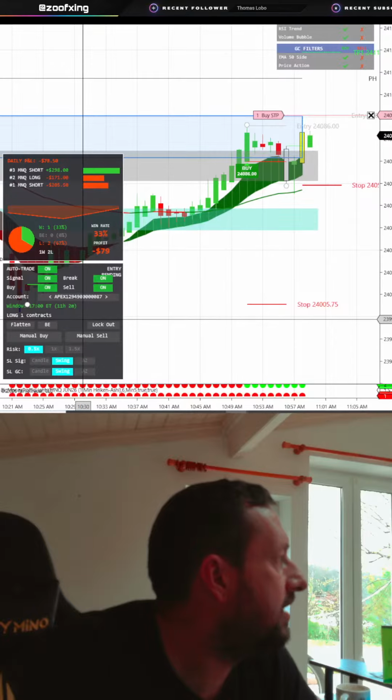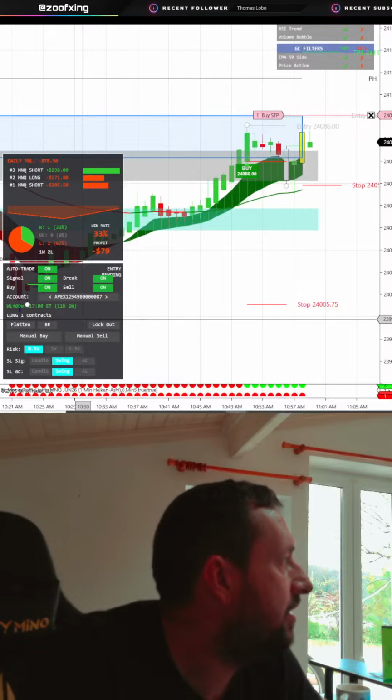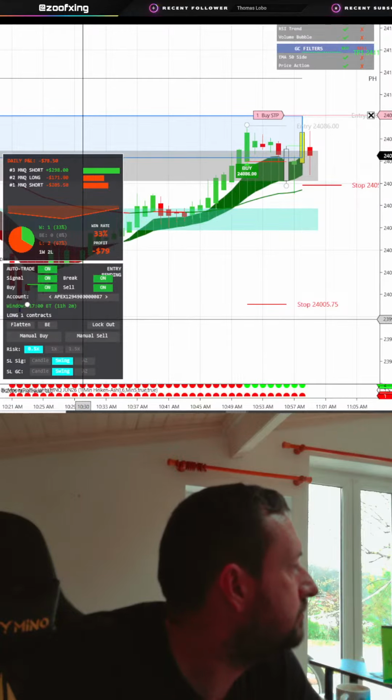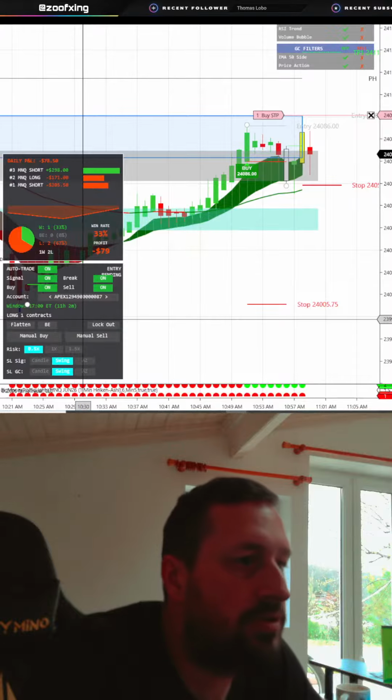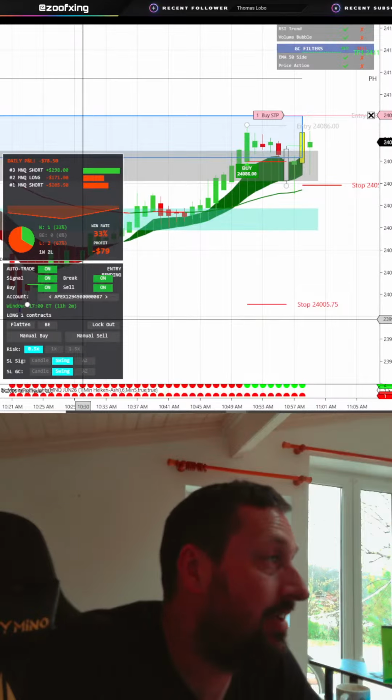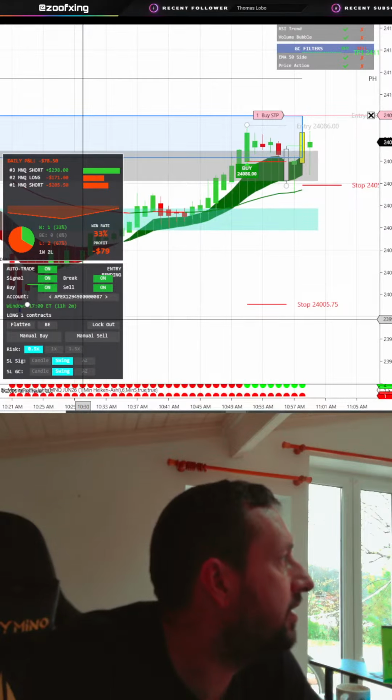So we got a golden candle because we were above the hour. Everything aligned. Stop loss is behind the swing. If it goes through that, it'll invalidate the trade, and yeah, we won't get tagged in.